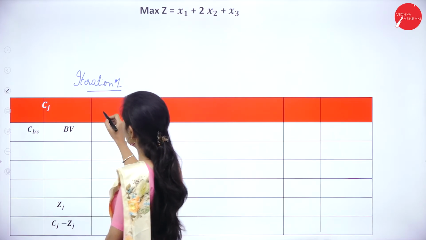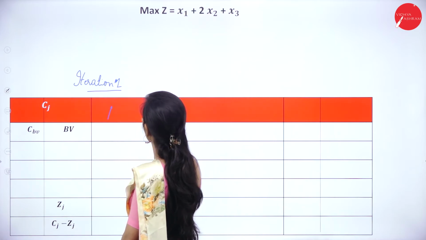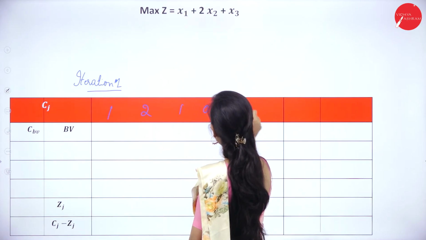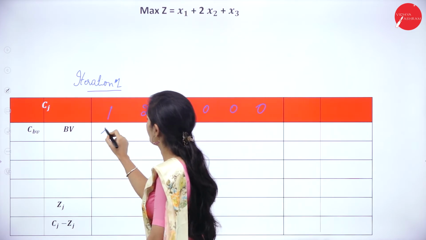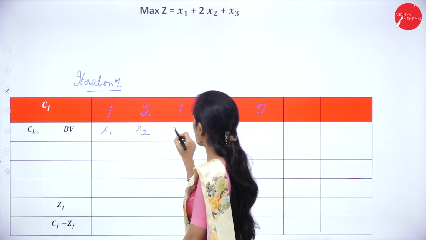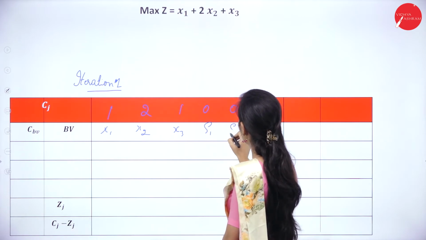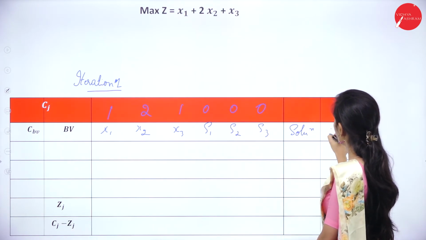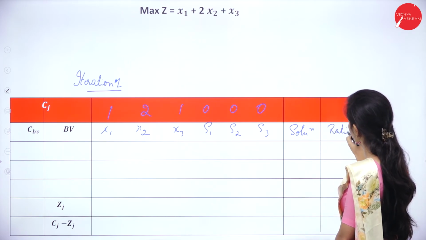In the first iteration, again write the coefficients 1, 2, 1, 0, 0 and 0, then x1, s1, s2, s3, solution and ratio.